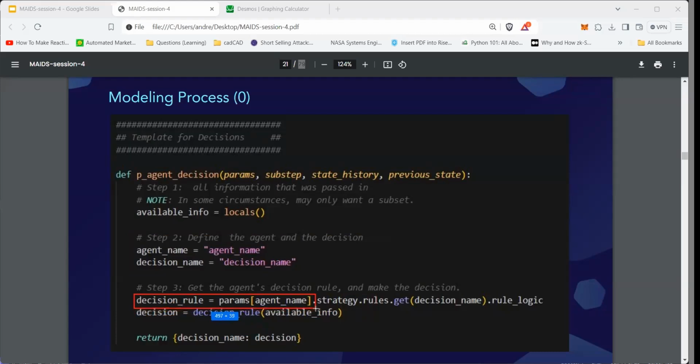Decision agents in this framework are going to live in the parameters of the cadCAD model. So what we're doing here is accessing a particular agent from the available parameters. And then we're asking for their strategy, which contains rules. We're getting the name of the decision that that agent needs to make, and finding the rule logic that will be applied.